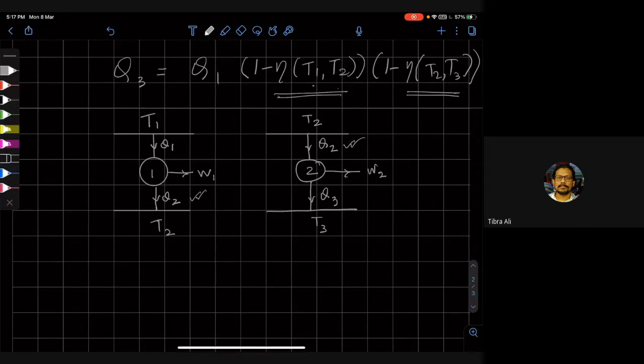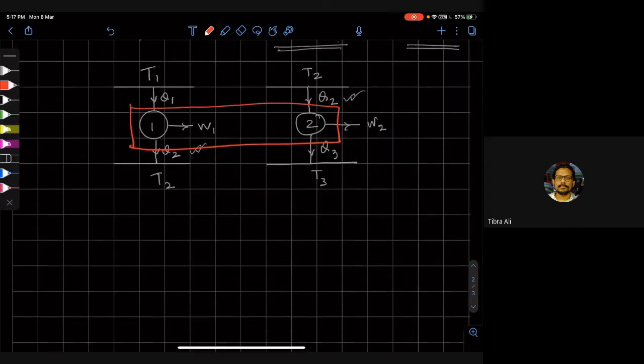All right, so then what we can do is consider these two Carnot engines to be the same Carnot engine.